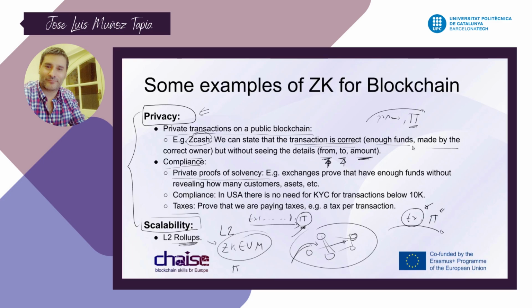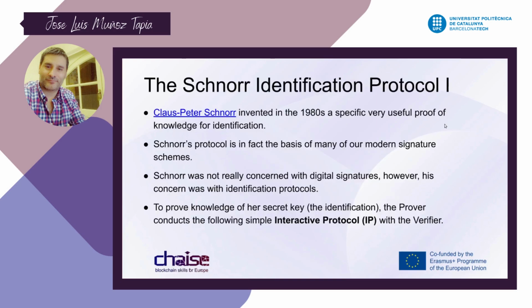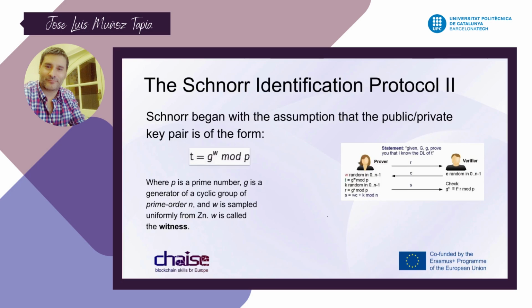And then, just to finish, the idea is to provide an example of a zero knowledge proof that is used in reality, which is a Schnorr proof, just to show you one practical example. Schnorr is an interactive protocol between a prover and a verifier.